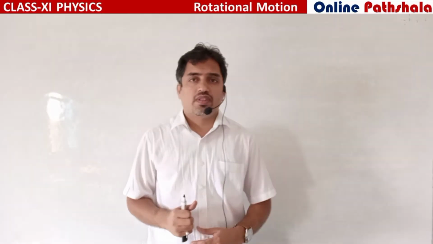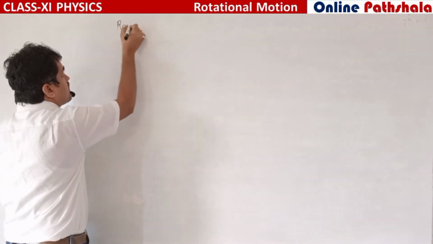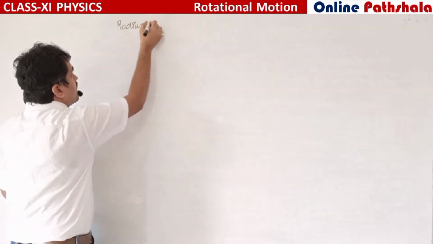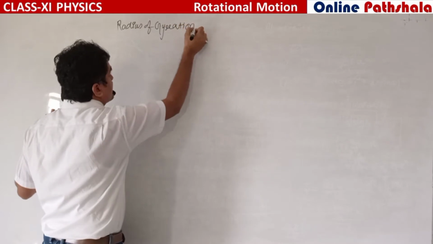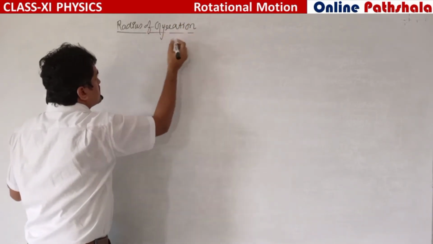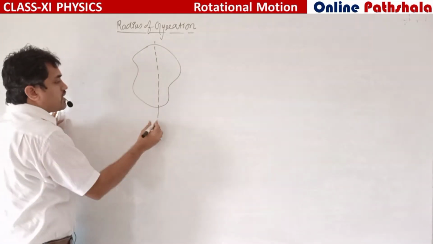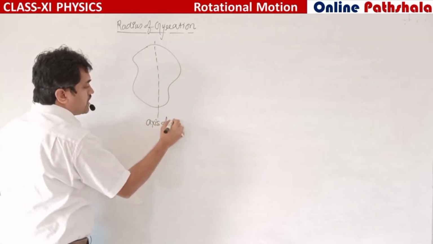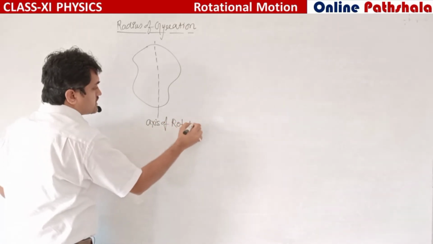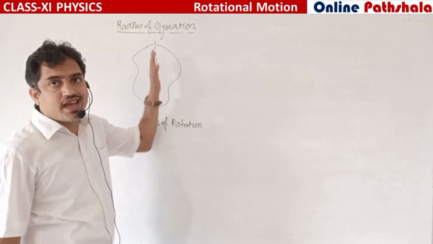How? Let's see. We are talking about the radius of gyration. Let us consider an object moving about this axis. It is the axis of rotation. This body is rotating about this axis.